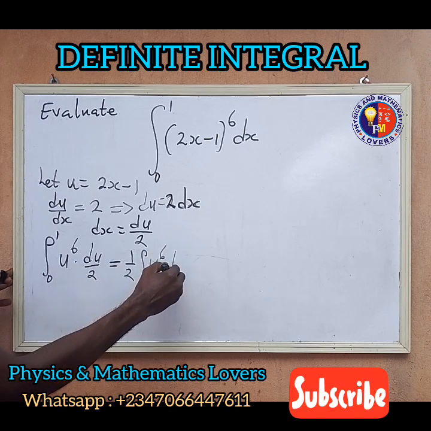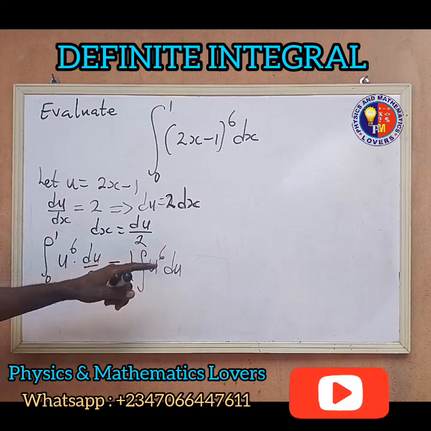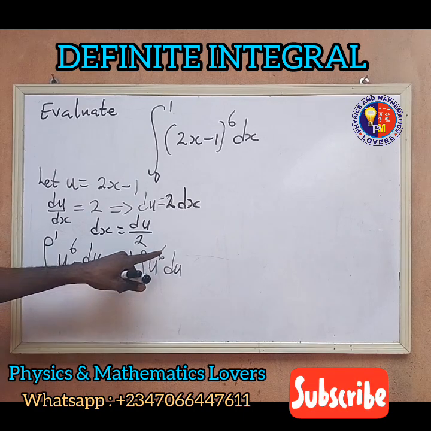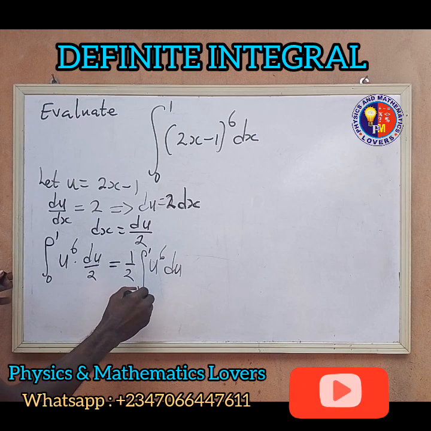Now you take the standard integral of x raised to the power n: you add 1 to the power, and also divide by the new power. Remember that this is your 1, this is your 0.